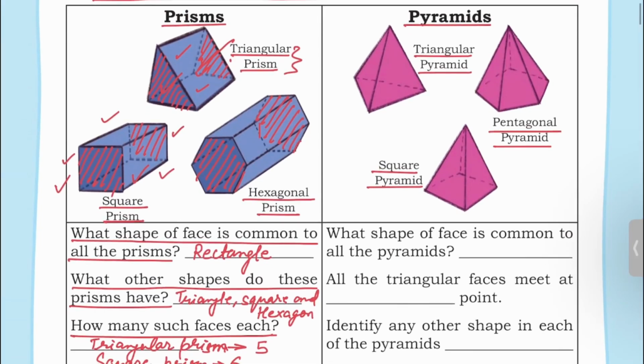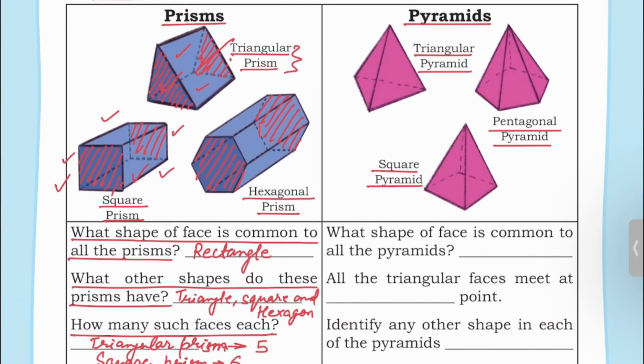What shape of face is common to all of the pyramids? In triangular pyramid, all faces are of triangle shape. In pentagonal pyramid, except the face at the bottom, all faces are of triangle shape.